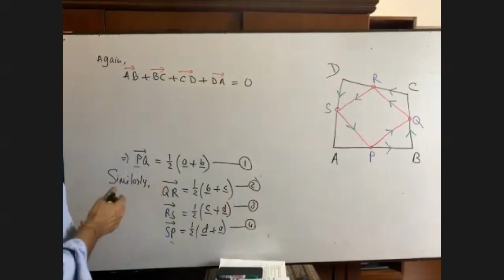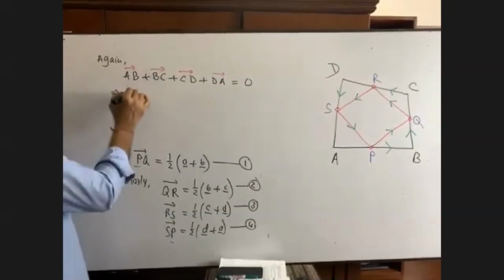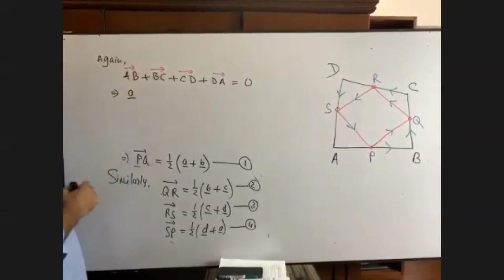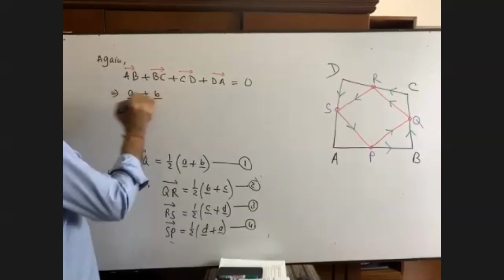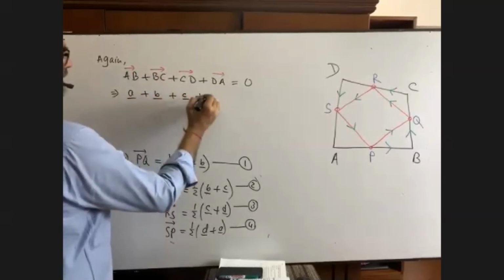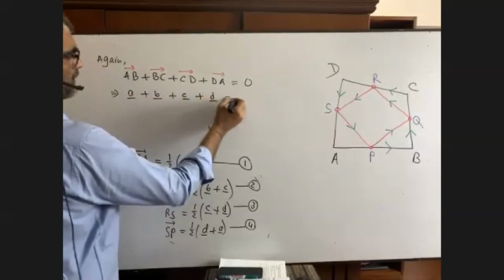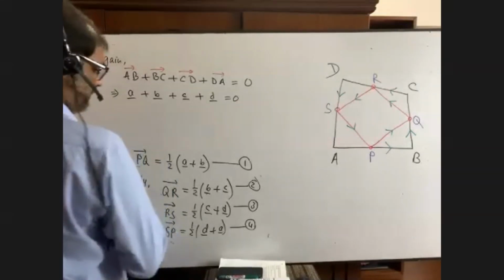Okay. Now we put the value. What's about AB? AB equals to what? What's about BC? BC equals to what? What's about CD? CD equals to what? What's about DA? DA equals to what? Right? I have just put the values. Now, okay, that's good.